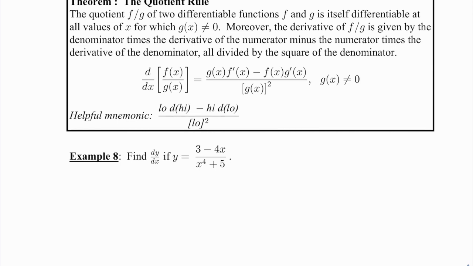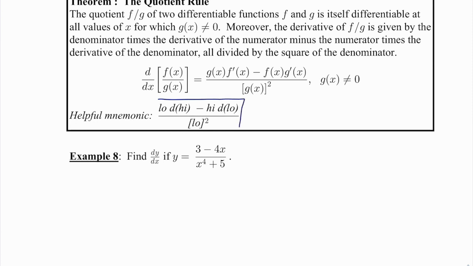So multiply the denominator of the original function by the derivative of the numerator. Subtract from that the numerator of the original function times the derivative of the denominator, and divide that by the denominator of the original function squared. And this is only good when the denominator is not 0. Of course, we always have to watch for the denominators being 0.